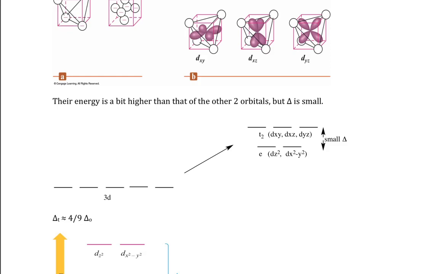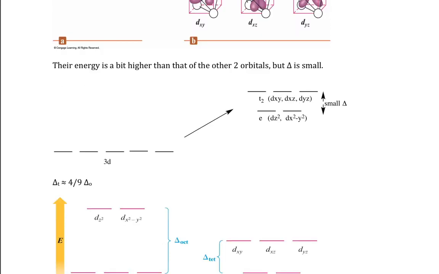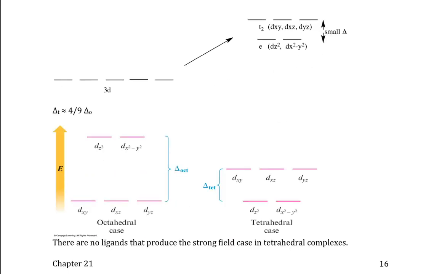Those t2 orbitals are a little less affected than the eg orbitals of the octahedral complex. So the deltas in all tetrahedral complexes are relatively small. They're in the visible range, but relatively small. The tetrahedral delta, which we can call delta sub T for the moment, is about 4/9 of the typical octahedral delta.